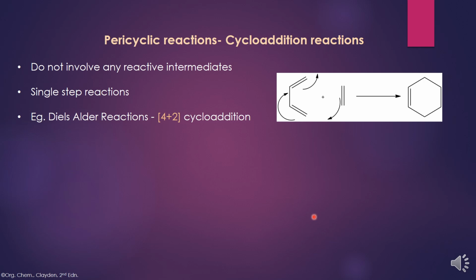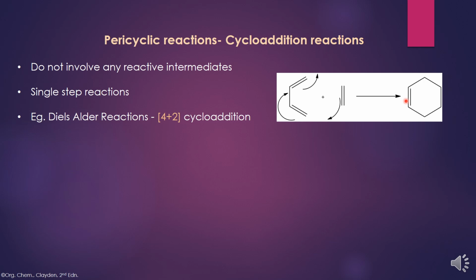When it comes to the pericyclic reaction, unlike the other organic reactions, it does not involve any reactive intermediate like carbocation or carbanion, and also it proceeds via a single step mechanism only.